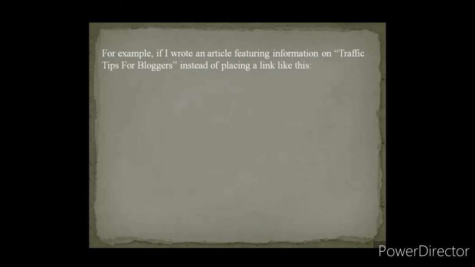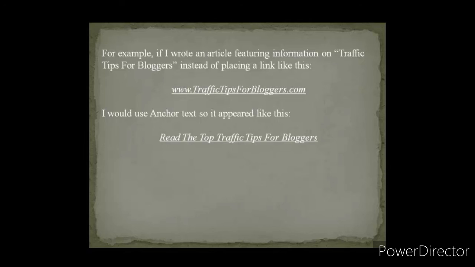For example, if I wrote an article featuring information on traffic tips for bloggers, instead of placing a link like this, www.traffictipsforbloggers.com, I would use anchor text, so it appeared like this: read the top traffic tips for bloggers. Use anchor text when linking externally, as well as to other pages on your website, to consistently build your ranking for individual keyword phrases based around your blog's theme or niche.